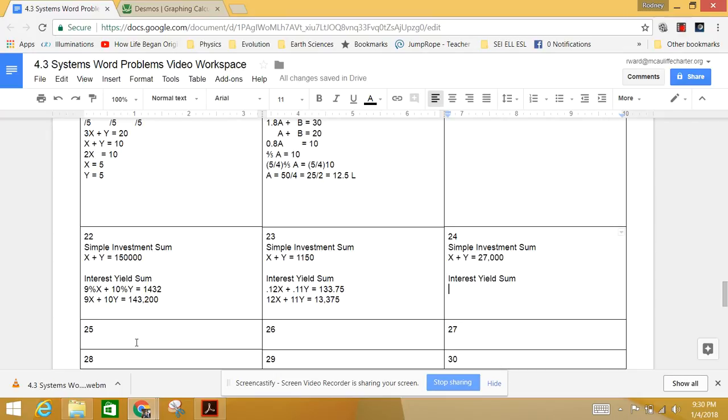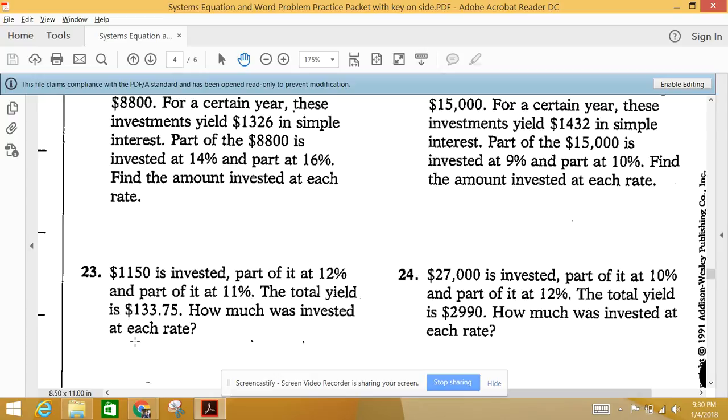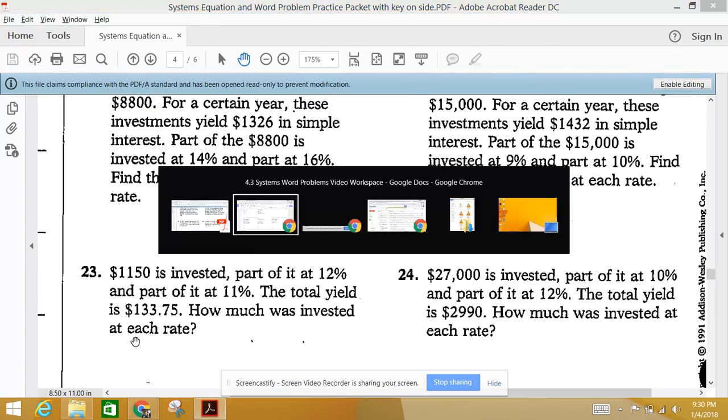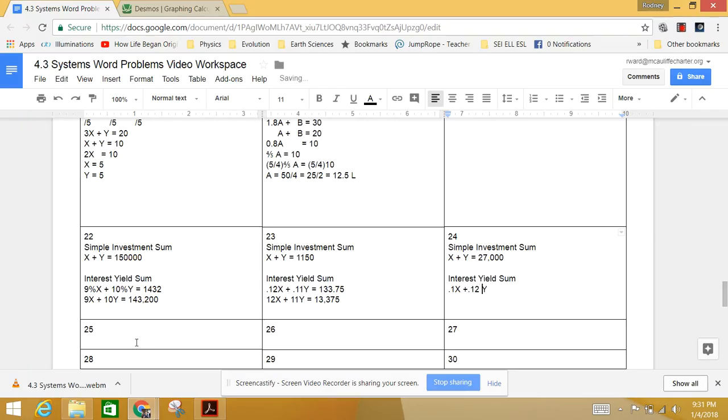And then we're going to have our interest yield sum, but our x part was invested at 10%, so 0.1, and our y part at 12%, we're promised 12% back, so 0.1 times x will get me the amount that I get from that part of the investment back, and 0.12 times y, the y part of the investment, will get me that part of the interest that I'm going to get back.